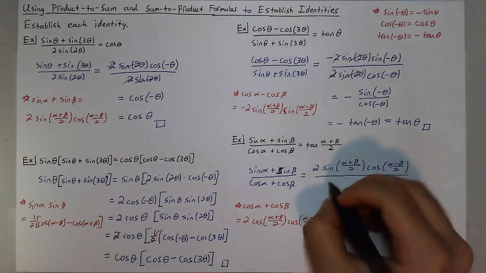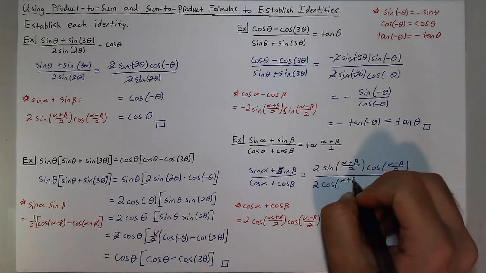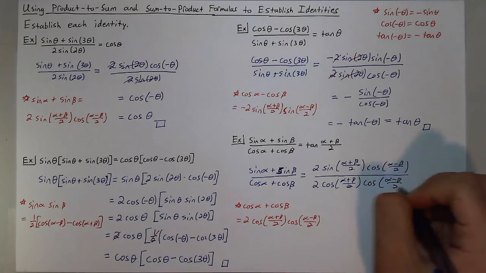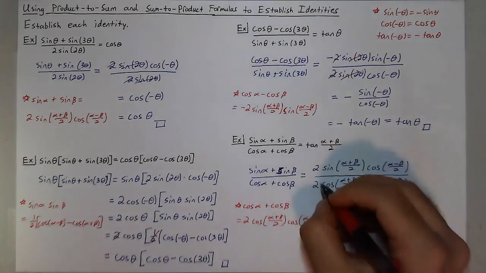So the denominator can become 2 cosine of alpha plus beta over 2 times cosine of alpha minus beta over 2. You can see here that 2's will cancel.